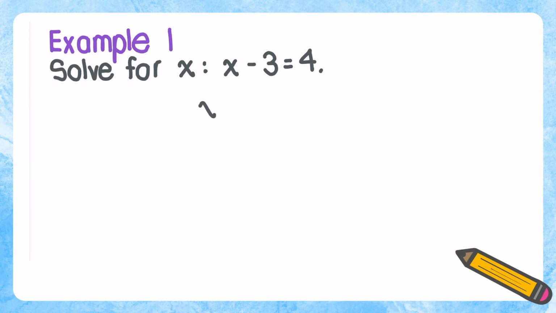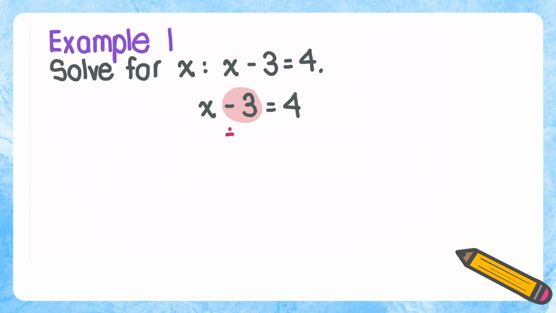Okay, so we are going to solve for x, and the equation is x minus 3 equals 4. So remember, our goal is to isolate the x, so to have x by itself. So I notice that this minus 3 is in the way. So what's the opposite of subtracting 3?